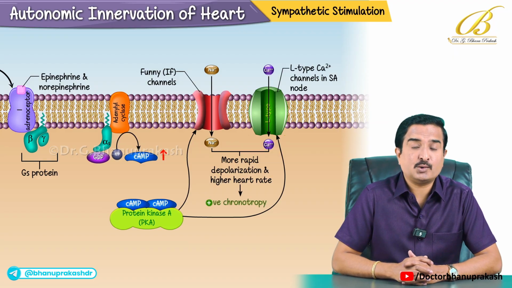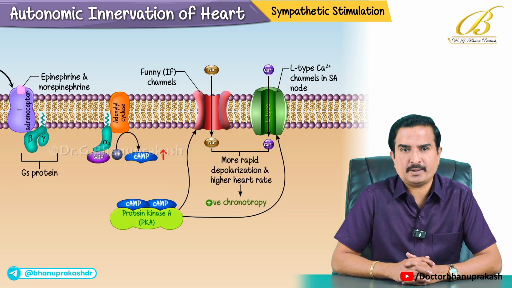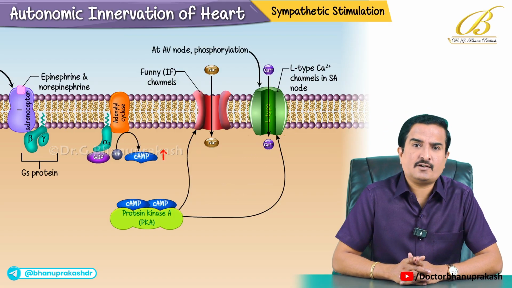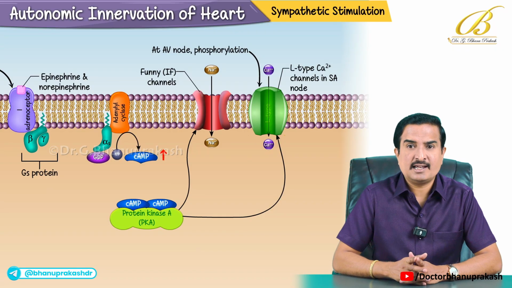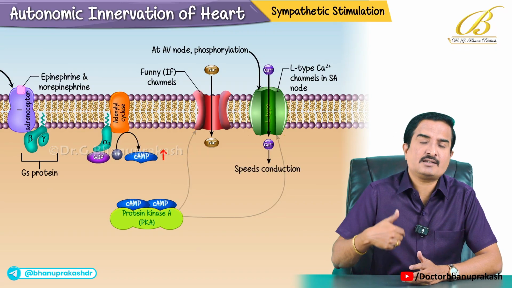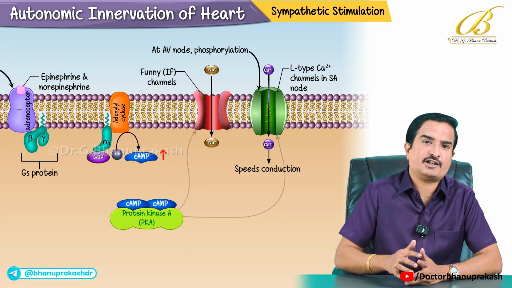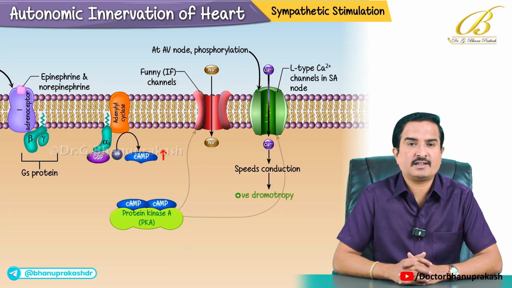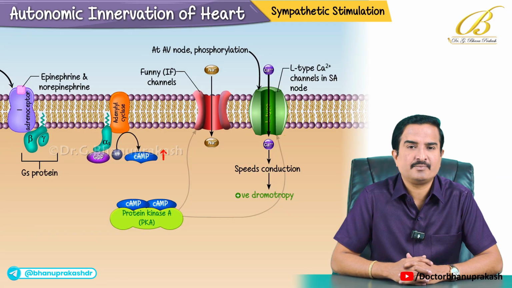Now I hope you have understood the mechanism of the positive chronotropy. At the AV node, phosphorylation of the L-type calcium channels speeds the conduction, which means an increase in the conduction velocity, which is the positive dromotropy whenever the sympathetic system is activated.